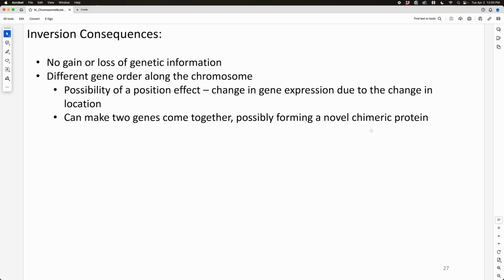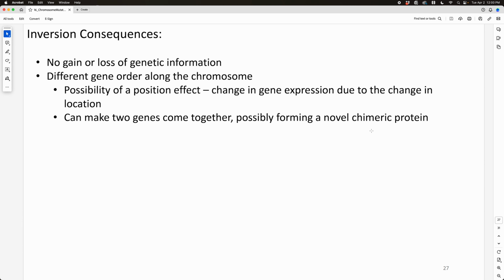These inversions don't necessarily lead to the loss or gain of genetic information, so we're not really losing necessary genes or anything like that. We're not increasing the number of genes that could potentially produce a product, but we do have a different order of the genes along the chromosome.